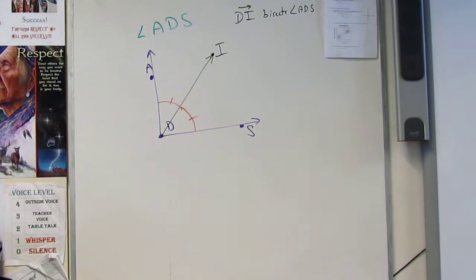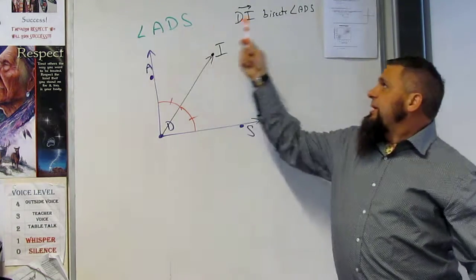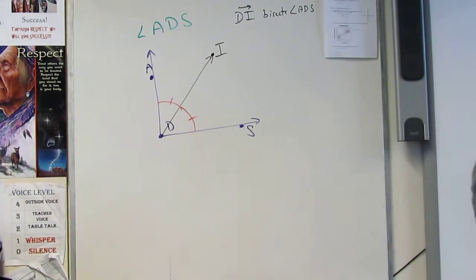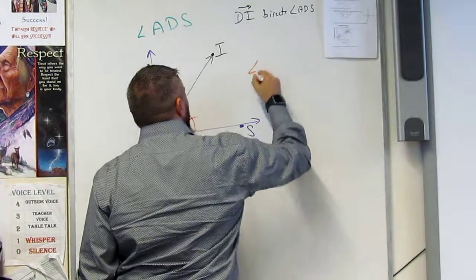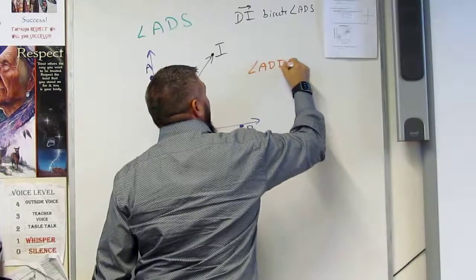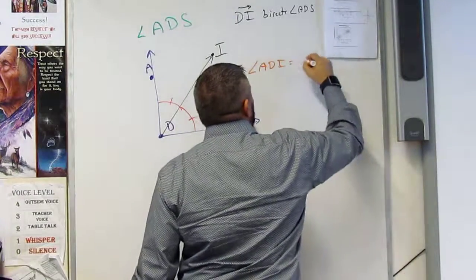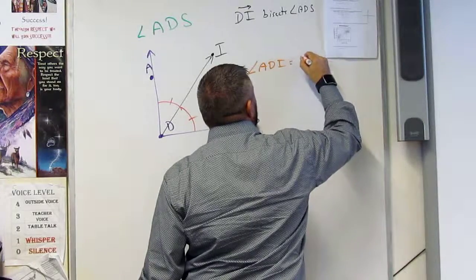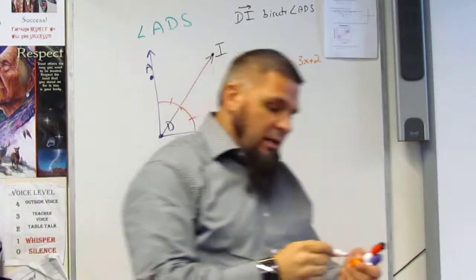And that's huge. Okay? Because what you'll usually find right after they say these two things is that they'll say that angle ADI is equal to 3x plus 2. Okay?